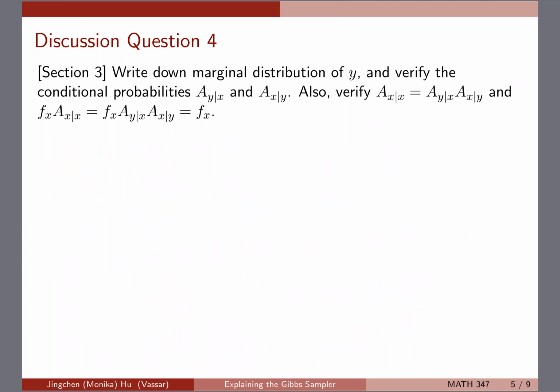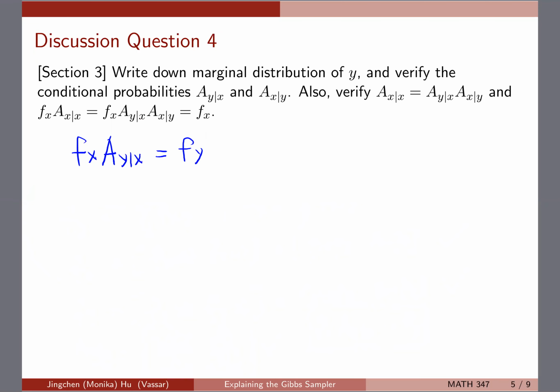So what we are trying to do is multiply the marginal of x with the transition matrix y given x. We're trying to verify that this is going to give you the marginal of y.